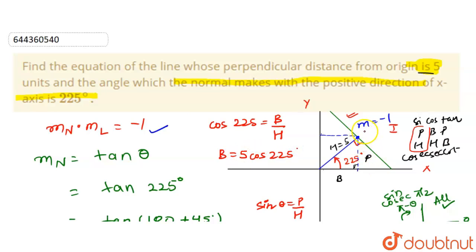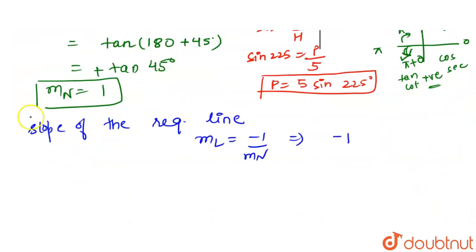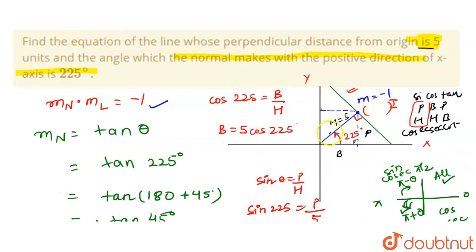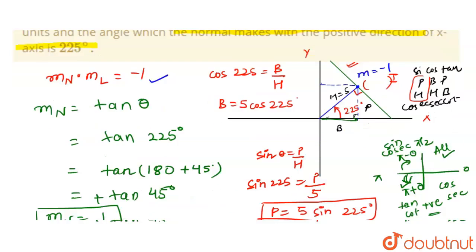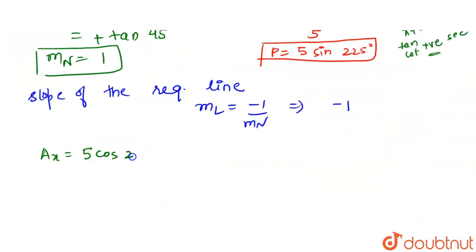So we can say that these points will be, for horizontal 5 cos 225 and for vertical 5 sin 225. First of all we will find the x coordinate. It will be 5 at x, the horizontal distance, that is b, 5 cos 225 degrees, and this can be rewritten as 180 plus 45, right?